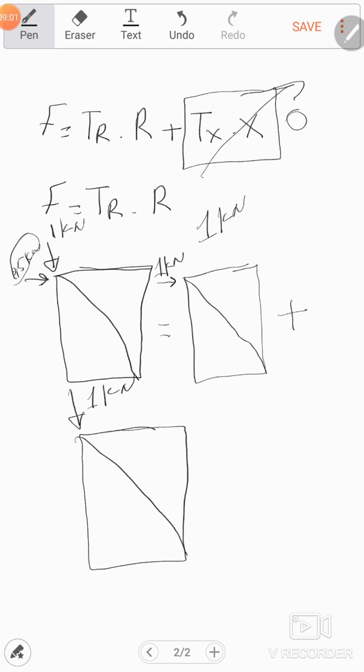This is an assumption, not because of any conditions; just assume and substitute 1 kilonewton. The first part I call TR1, and the second one TR2, because I need both new shapes' values to find F. Next slide, I will find the internal forces for each new shape.